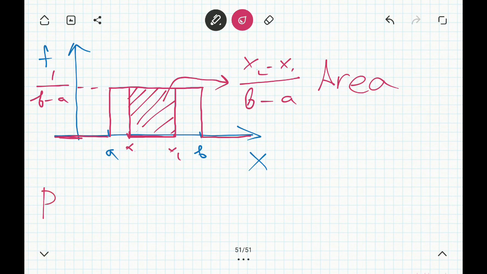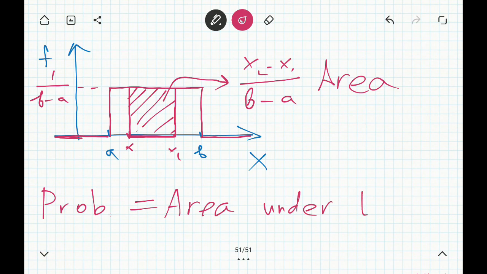So probability, I'll shorten it, I'll just use prob, but it means probability. So probability is equal to area under the graph of density.